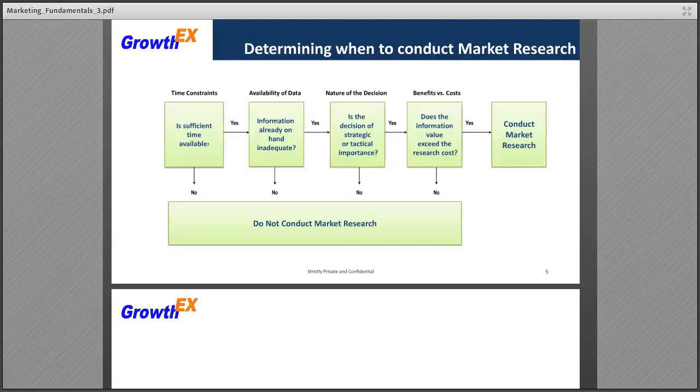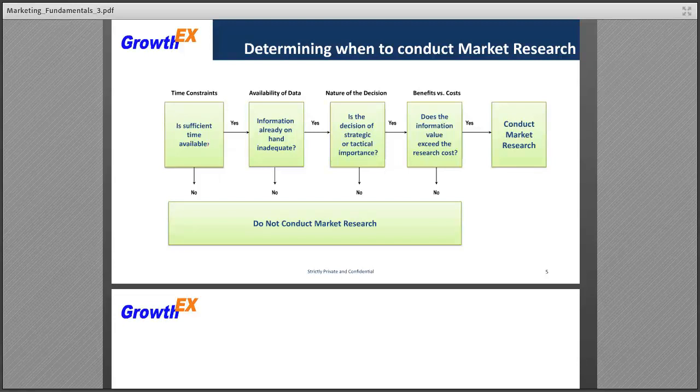Once I'm sure that I have sufficient time, I will check on the availability of data. I will first check: do I have inadequate or adequate information with me? If I have inadequate information, I will not proceed with market research, because it may come up with misleading results.